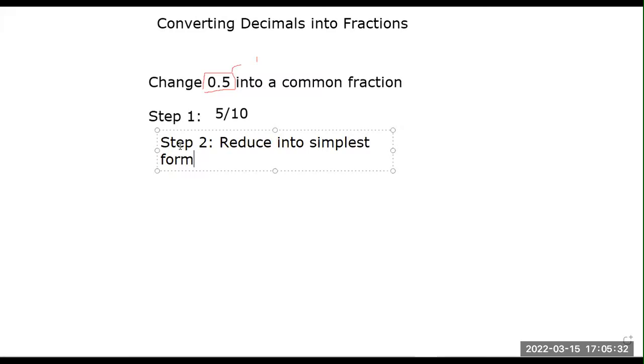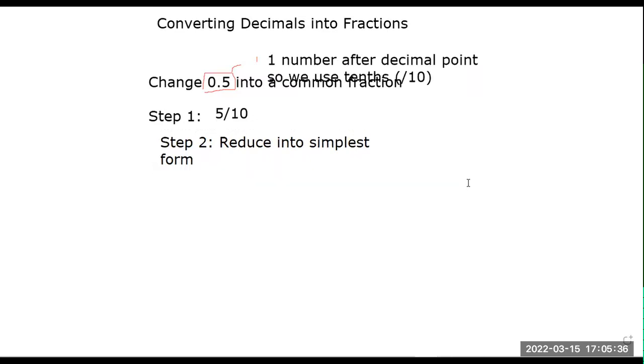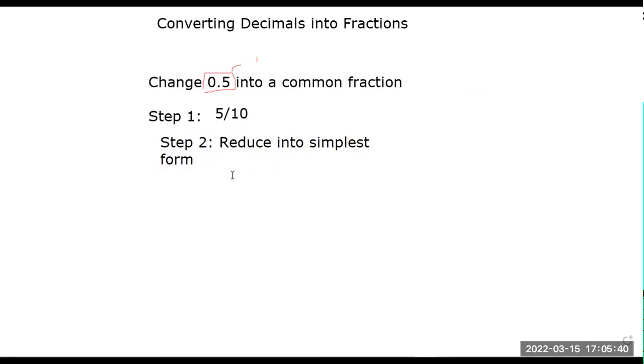Let's take a look at it. 5 over 10. 5 can go into both 10 and 5. So if we do that, what would we get? 1 over 2. Simply because 5 can go into itself 1 time, and 5 can go into 10 2 times, to leave us with a half.